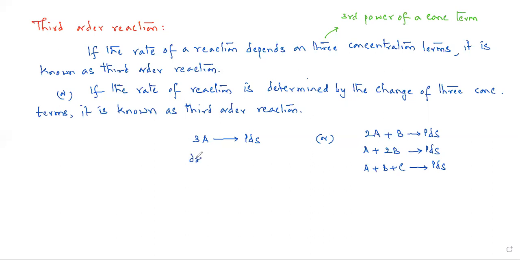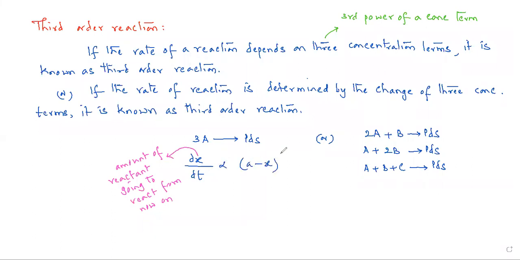Now, like what we have taken in case of second order, let me take dx by dt, I mean, the amount of A going to react from now on, from this instance, is directly proportional to the amount of A left at that instance.